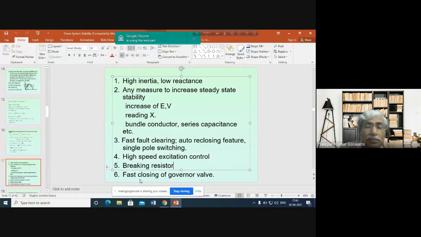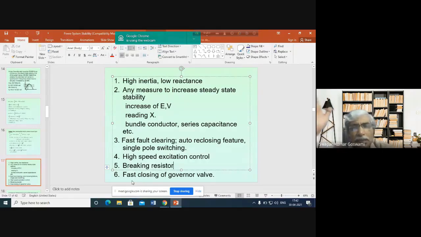Then another method is fast closing of the governor steam valve. Basically, what happens? Why is the stability problem occurring? Because of the occurrence of a fault. Now, if a fault occurs, that faulty part is disconnected from the system.